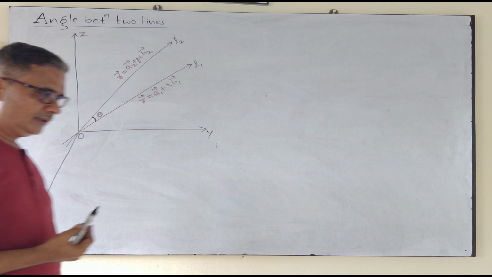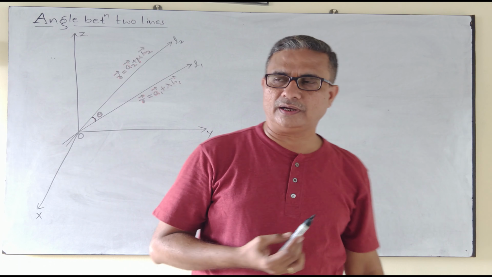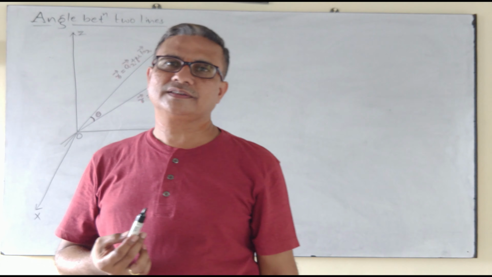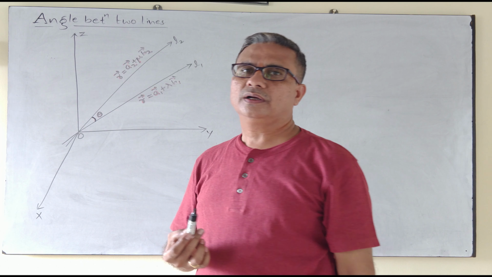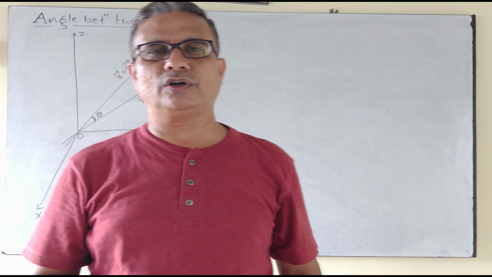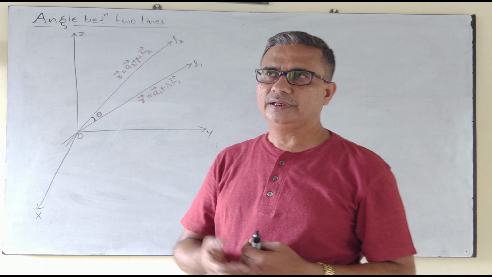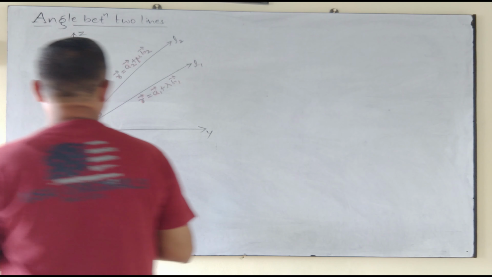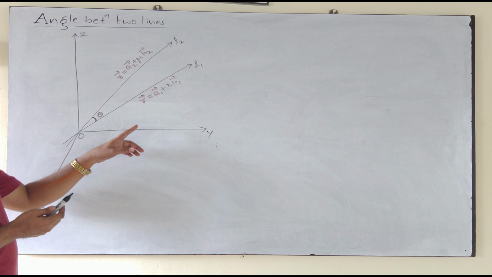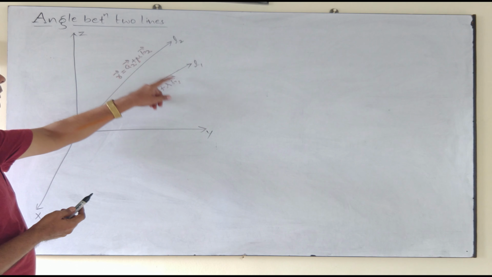As you know that in vector algebra, angle between two lines is given by the formula cos theta is equal to a dot b divided by magnitude of a into magnitude of b. Same formula you can apply here. Now here instead of a and b, the vectors are b1 and b2.